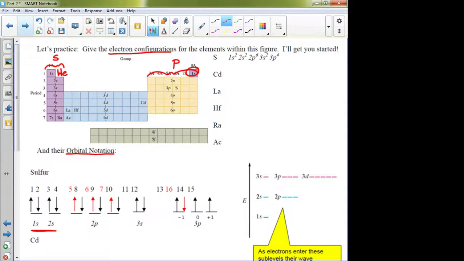This column here is your P column. How can I remember that that's my P column? How many electrons can fit in a P orbital? 6. 1, 2, 3, 4, 5, 6. Your transition metals are your D columns, because how many electrons can fit in a D orbital? 10. 1, 2, 3, 4, 5, 6, 7, 8, 9, 10.